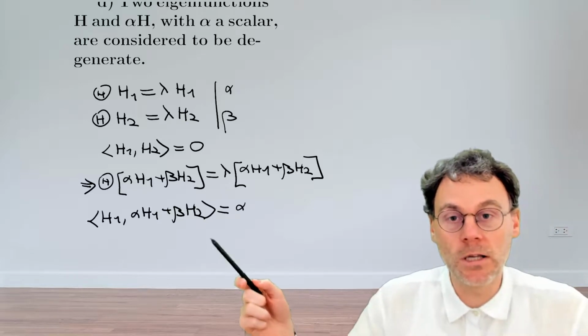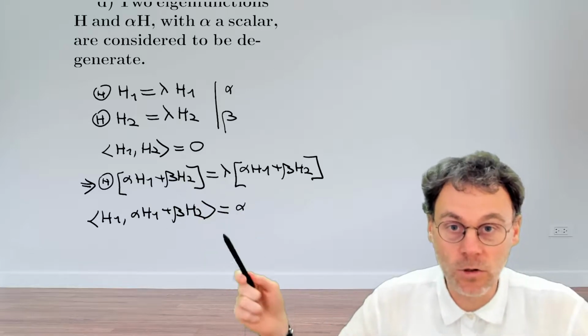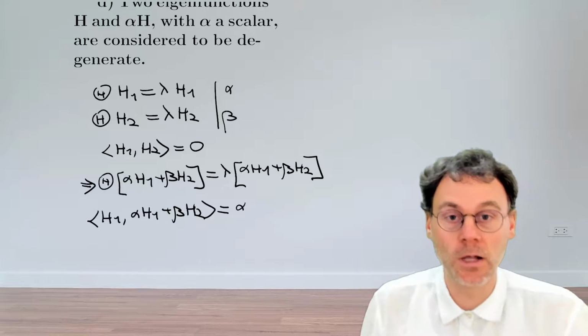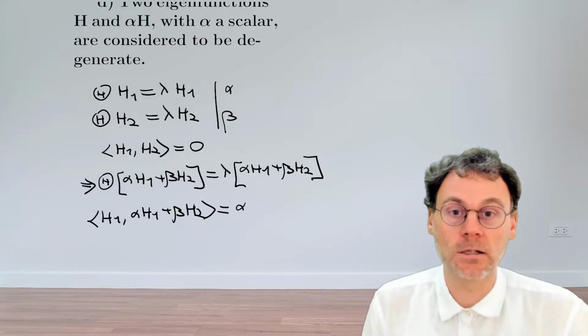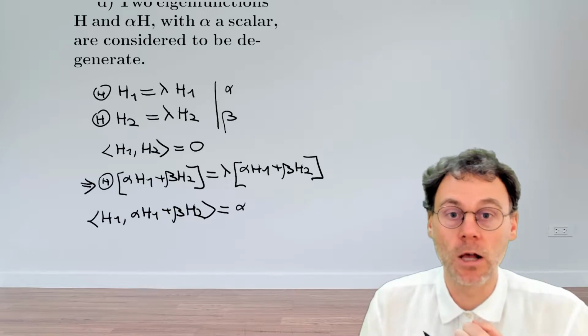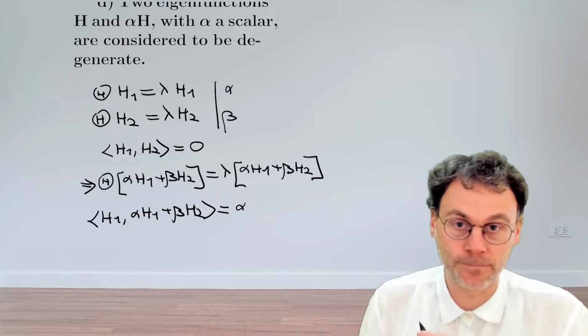So you clearly see that this new eigenfunction, which is a bona fide eigenfunction, is not orthogonal to this h1. So therefore, in general, the only conclusion is that it's possible to construct a set of orthogonal eigenfunctions, not that all eigenfunctions will be orthogonal to each other. So that's a very important remark.